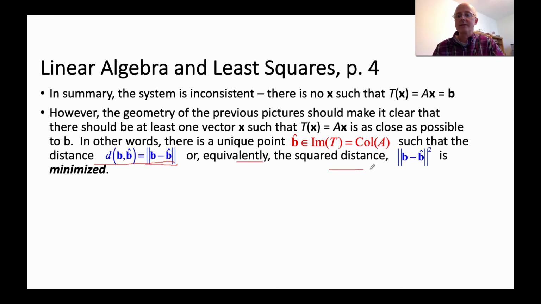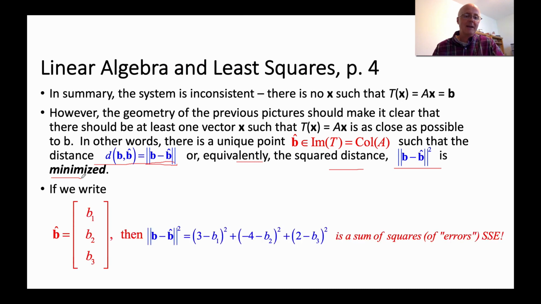Equivalently, the squared distance, the norm of B minus B hat squared, is minimized. If we write that norm squared in an equation with more detail, it's a sum of squares of errors. It's an SSE, which in previous lectures we've talked about minimizing with partial derivatives.